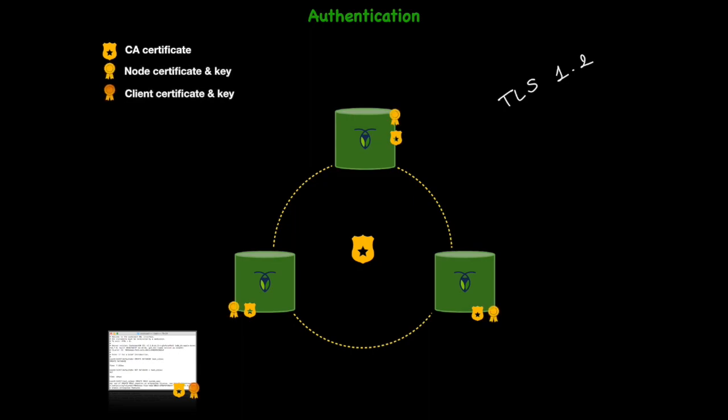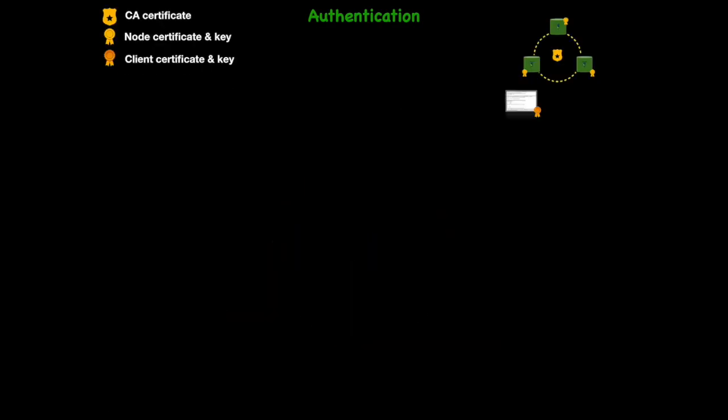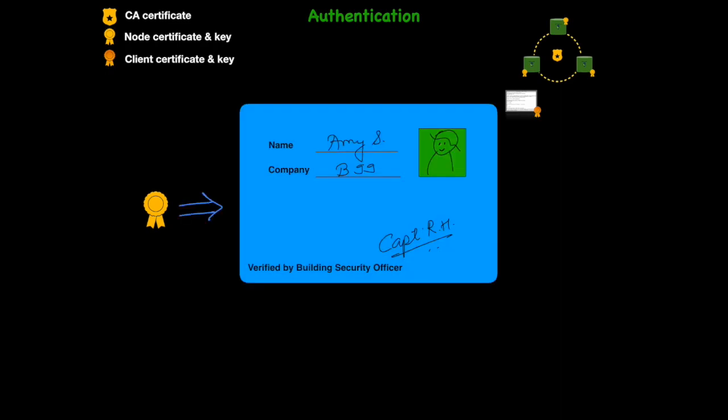To understand these terms, let's go back to the analogy of the previous video. A digital certificate is equivalent to the identity card that has information about the card owner. The certificate is signed by the certificate authority, which is equivalent to the security officer who validates the information provided by the person and signs and issues the card to the card owner.